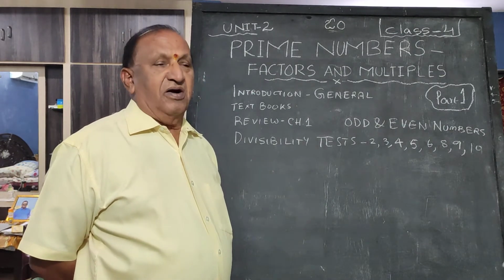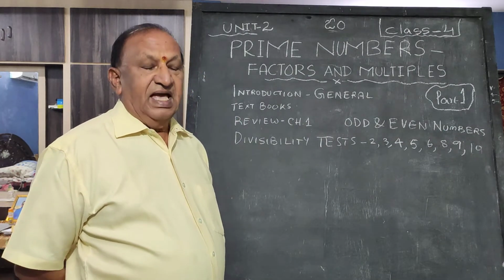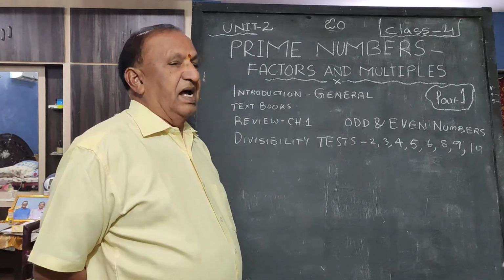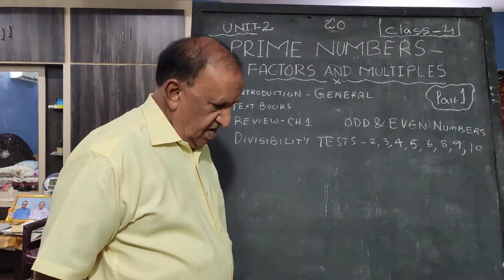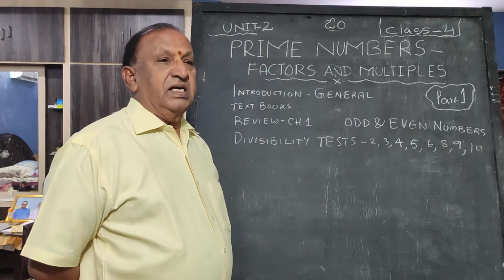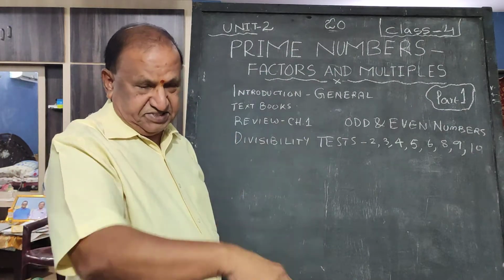Then also we learned how to put the numbers in an ascending order and how to put the numbers in a descending order. Also we learned about writing the numbers in words.